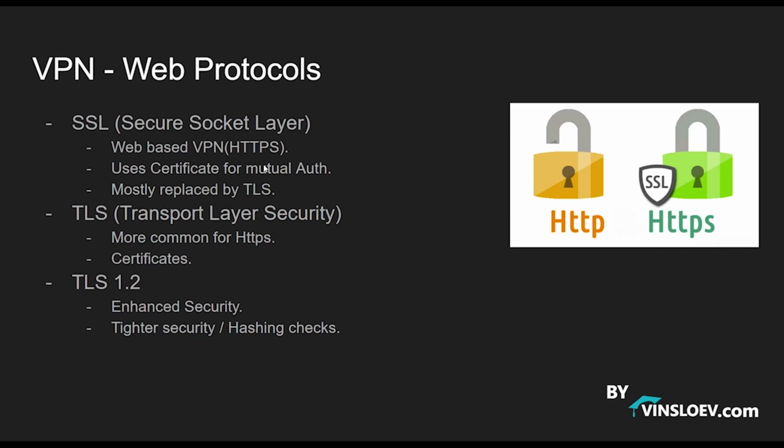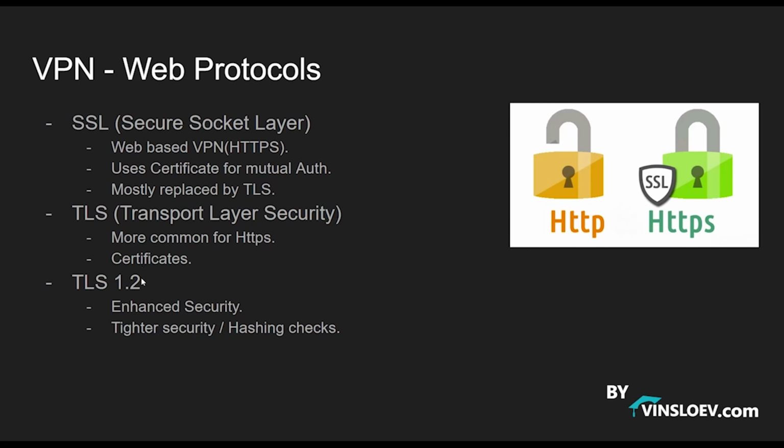But SSL is kind of old school now, and it is replaced in most cases by what is called TLS and more updated versions of TLS like TLS 1.2. So TLS is Transport Layer Security, and that has more or less replaced SSL entirely. And it is also based on certificates. But as the demand for security increases, we need newer versions, and we need to update the old versions in order to ensure that our information is truly encrypted.